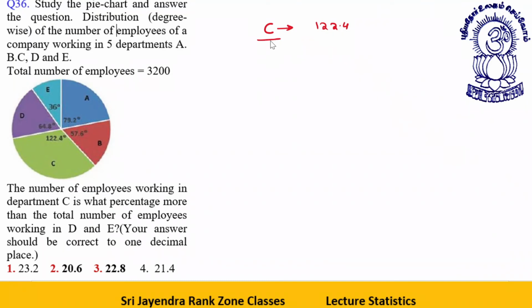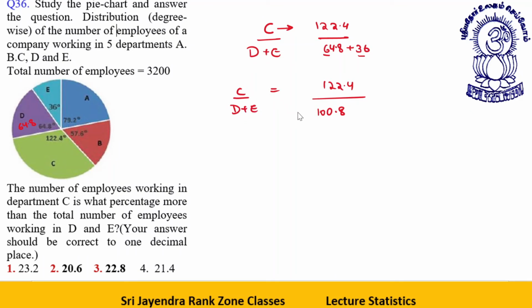And what is the degree in D and E? D plus E is, if you might not be able to see it, dear student, this is 64.8. And this you can easily see, this is 36. 64.8 plus 36 is 100.8. So 122.4 divided by 100.8, C upon D plus E. Students, now I won't start dividing.